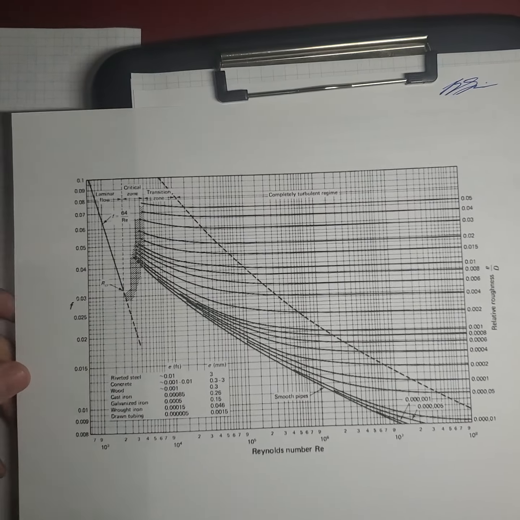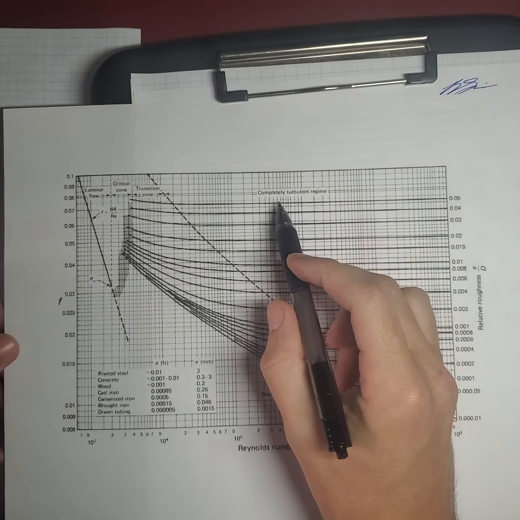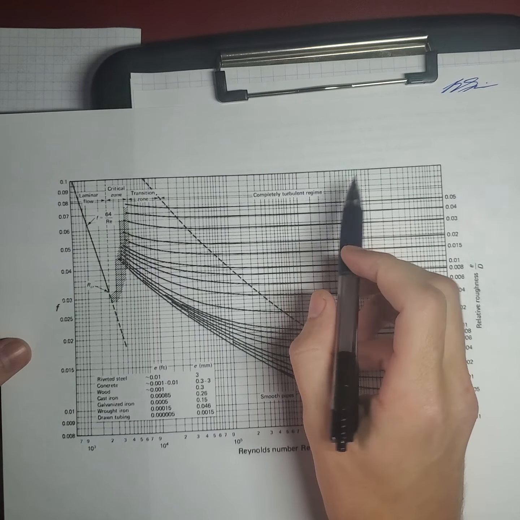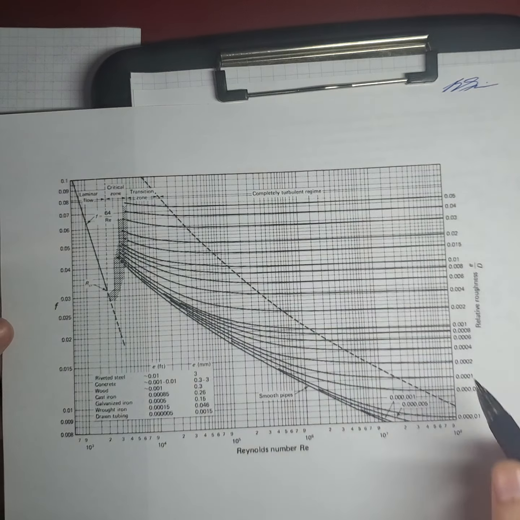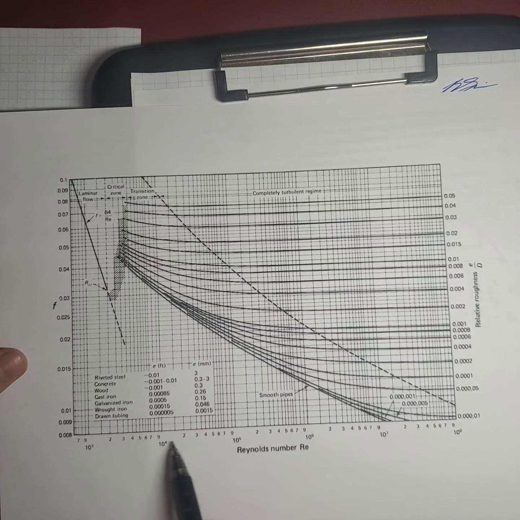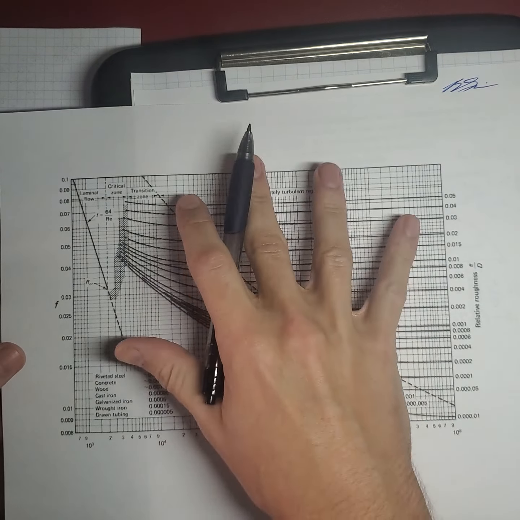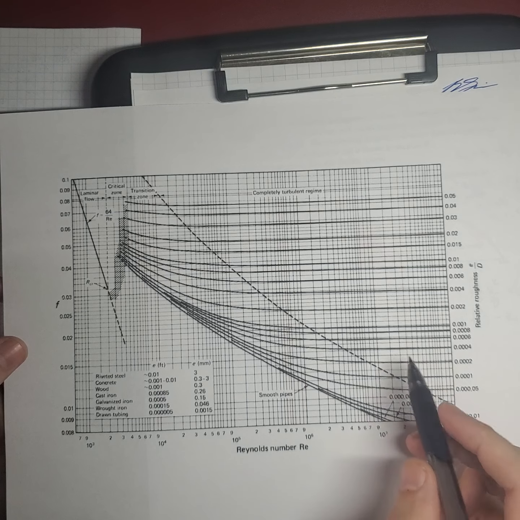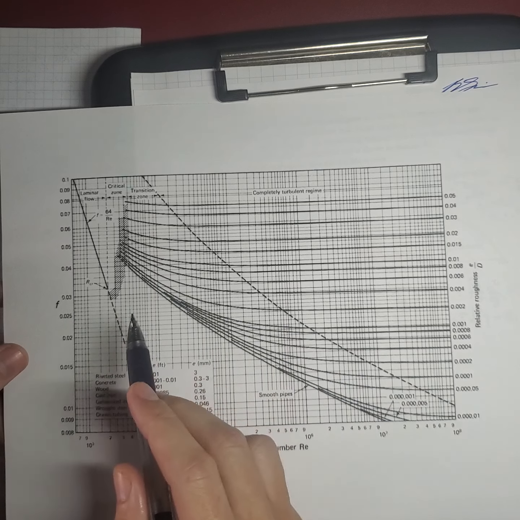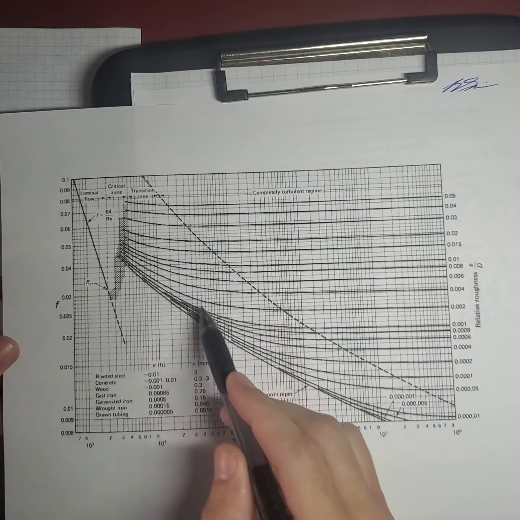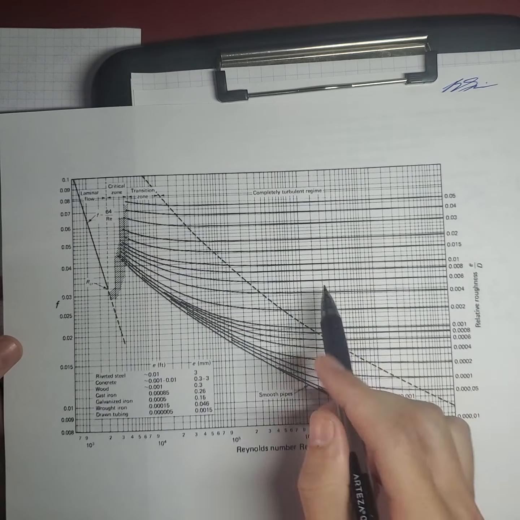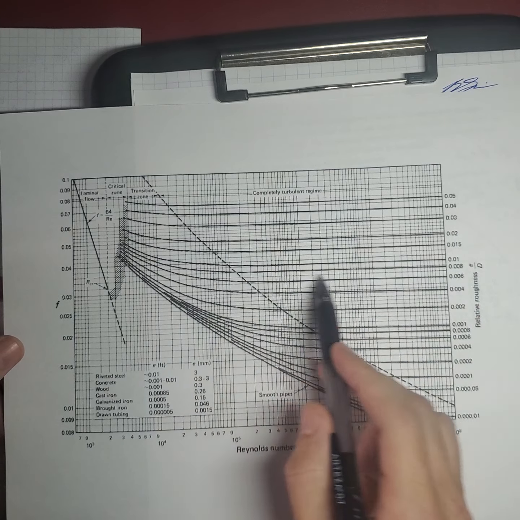If we look at the Moody diagram here, I don't know if you can read it, but the completely turbulent regime is referring to this entire area here. We see very high Reynolds numbers here, but outside of this area we see these sloping lines, while inside of this area we see very straight lines.